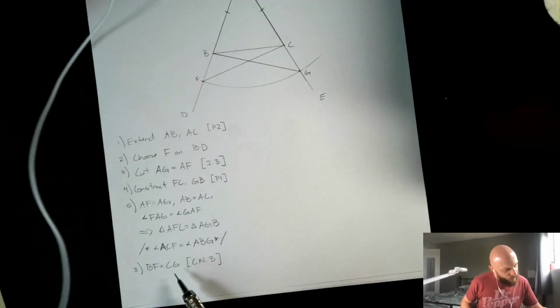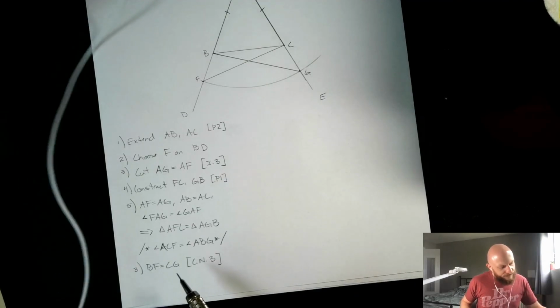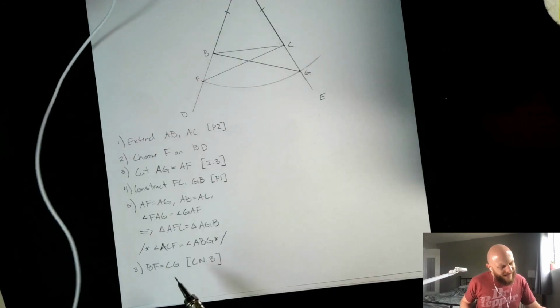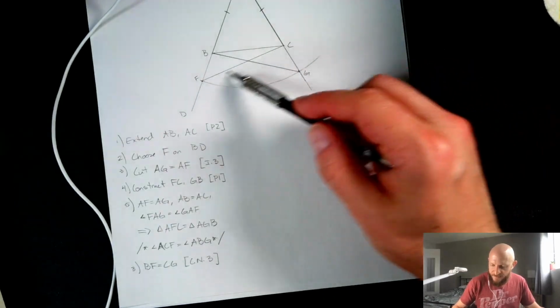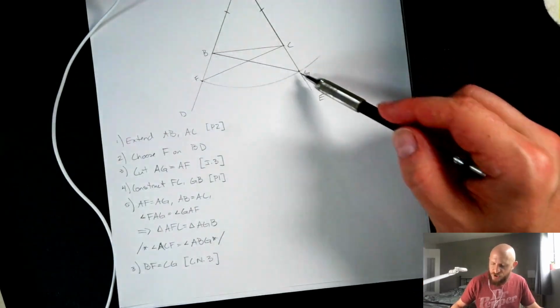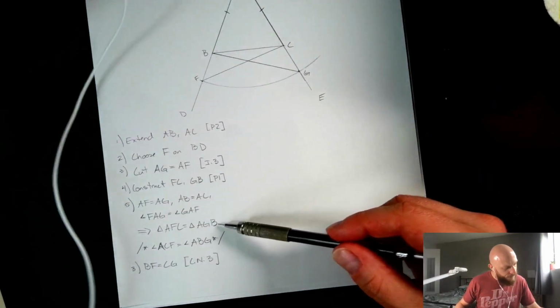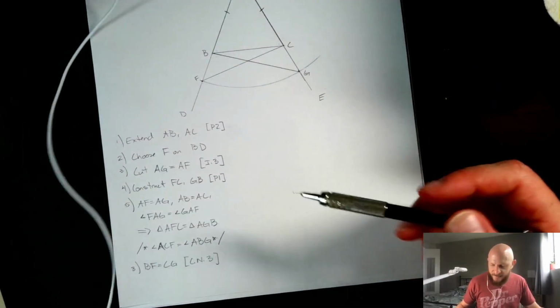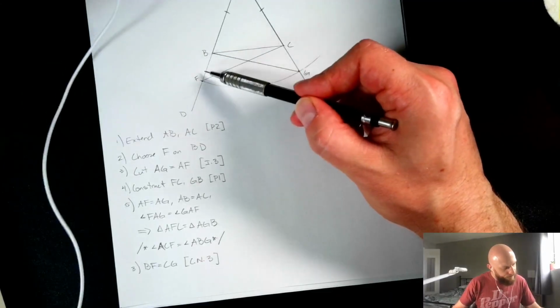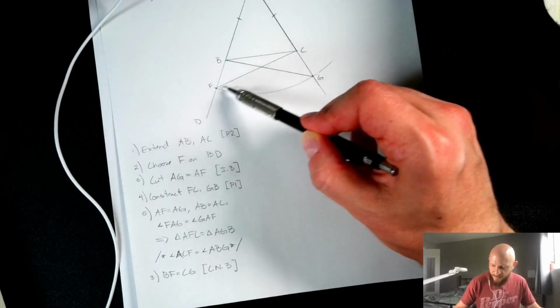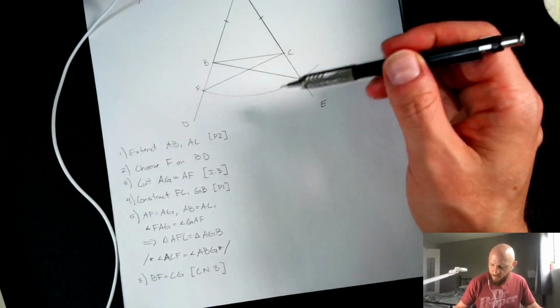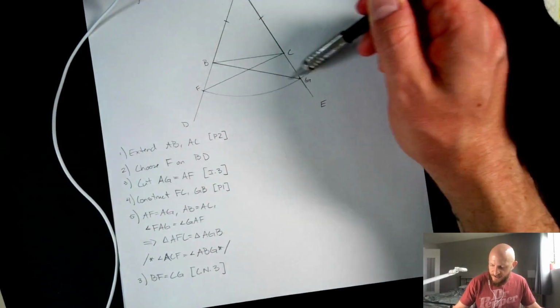But, he says, FC was also proved equal to GB. We just proved that on this step right here. Therefore, the two sides, BF, FC, so this side and this side, are equal to CG and GB.